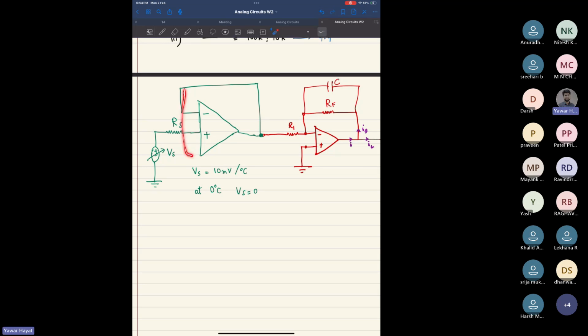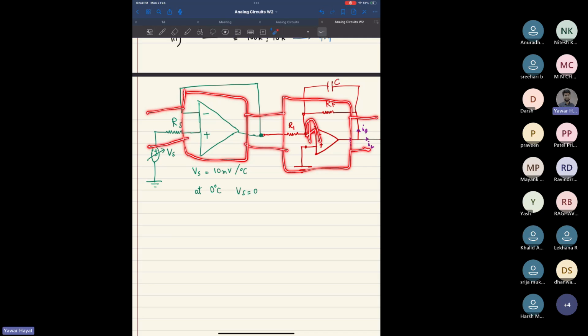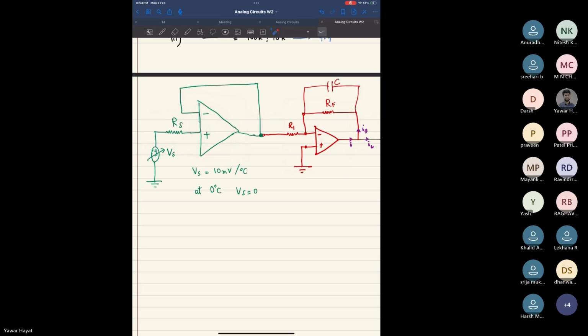I mean, we have two stages. Remember, last time we did, let this have gain E2, let this have gain E1. What about this? Will gain depend on RS for this? Yeah, somebody mentioned this is a voltage follower, right?